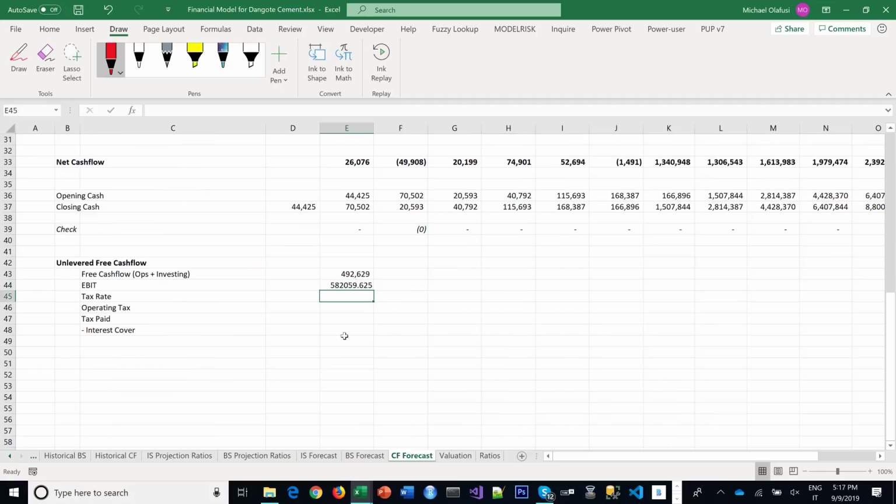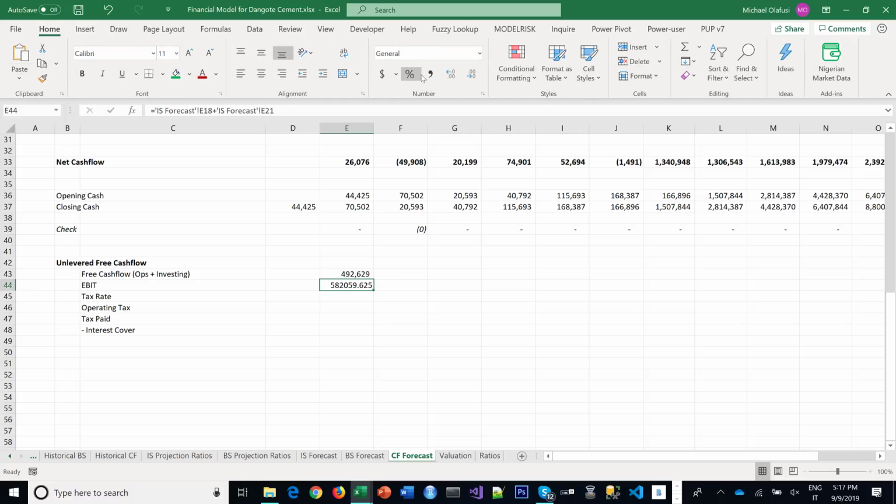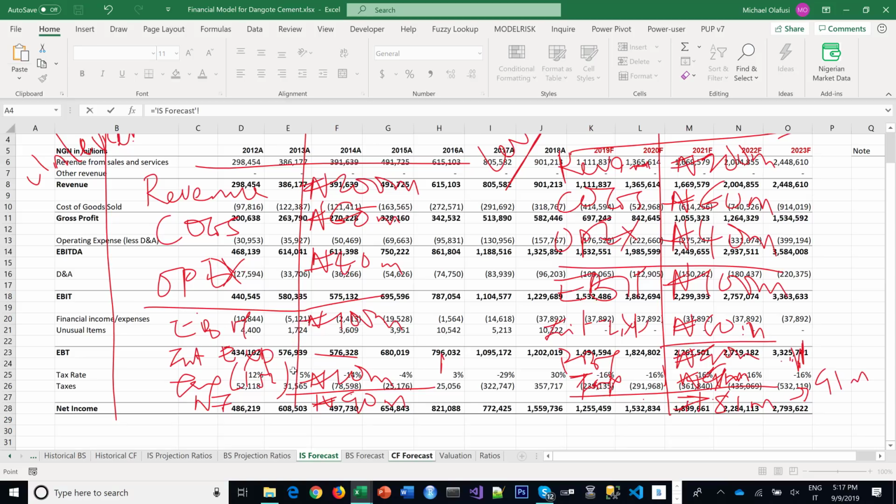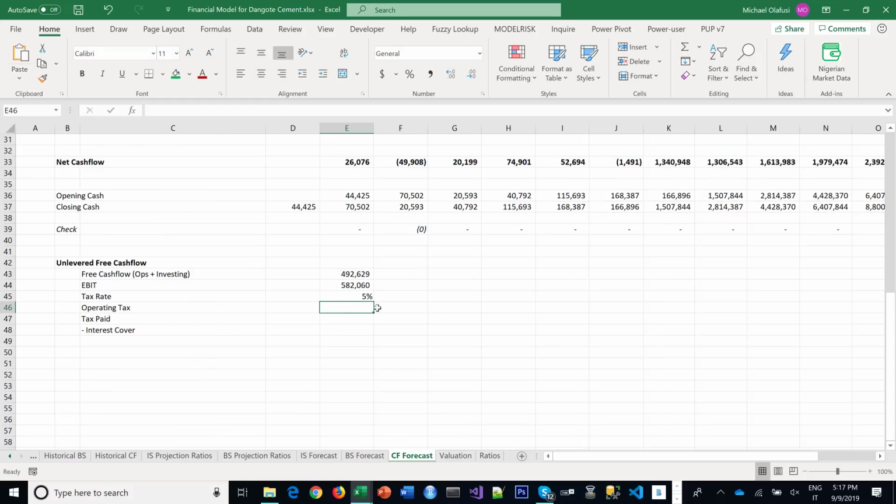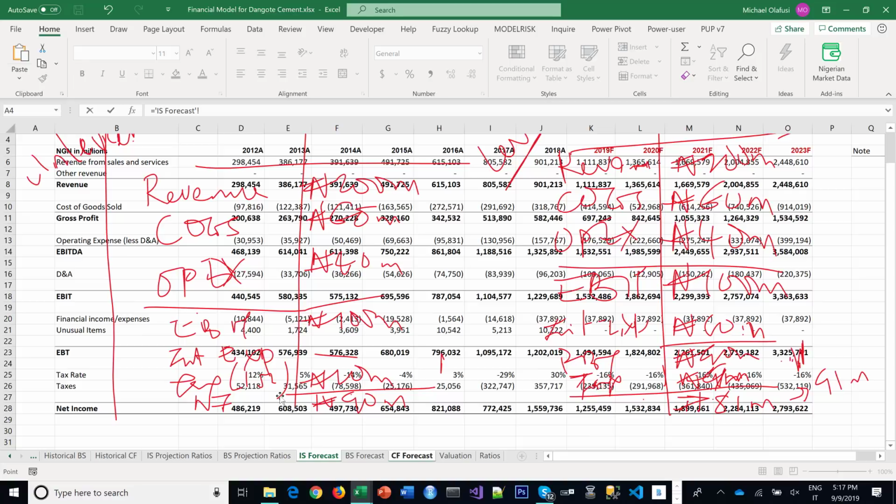Then this is the effective tax rate. What you would have paid is this times this. And then what you actually paid is this.